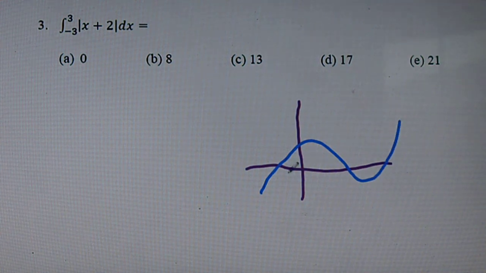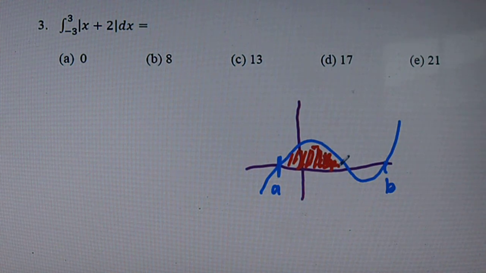If we're talking about the absolute value from this point a to b, when we integrate, it's going to be this area above the x-axis, and as far as this area below the x-axis, shaded in purple, this area is going to be positive also. So when we add the two areas together, this purple portion is above the x-axis, and we add these areas together.